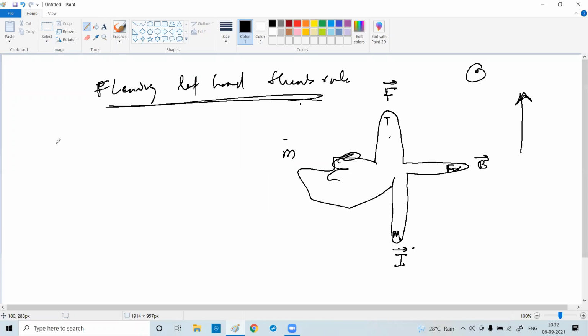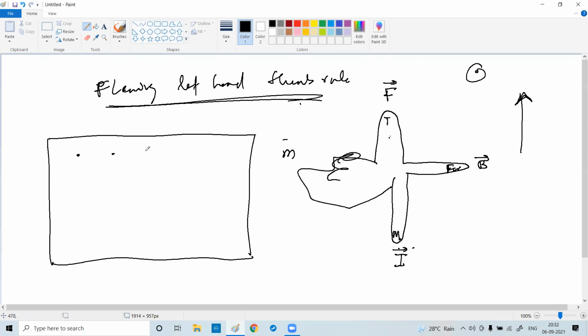Next, this Rishabh will tell me. Dot. So how is the magnetic field, Rishabh? Sir, outside. Very good. Velocity, current is this side. So which side will be the force? Sir, left side.